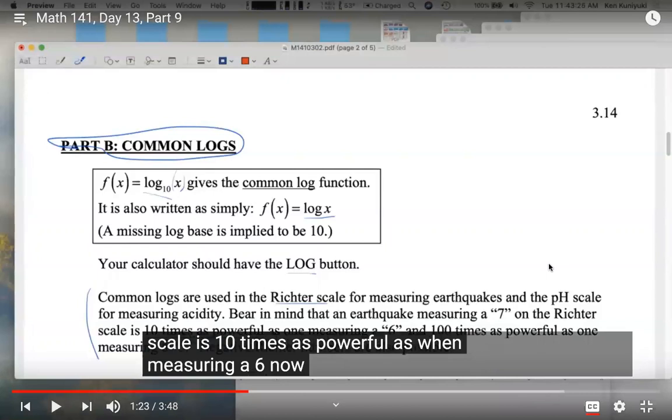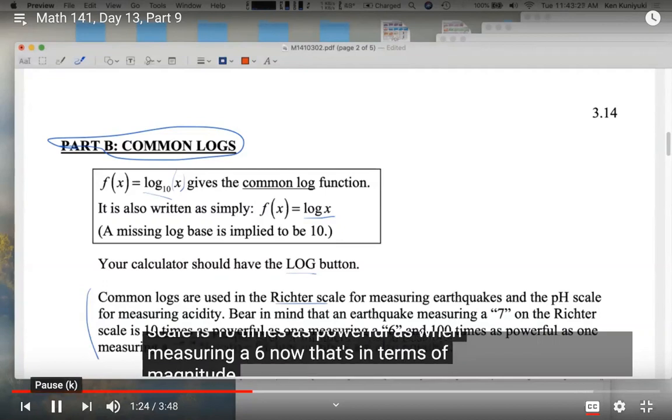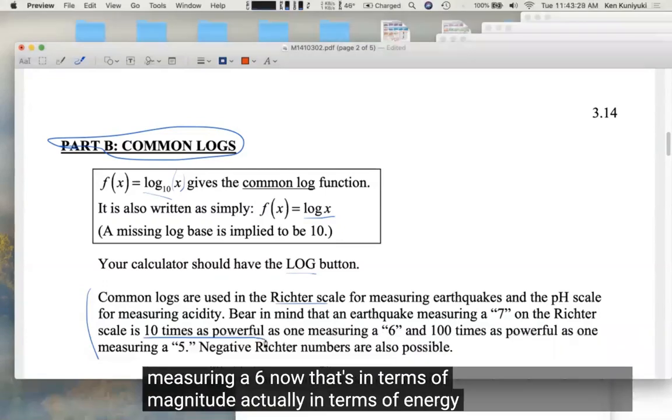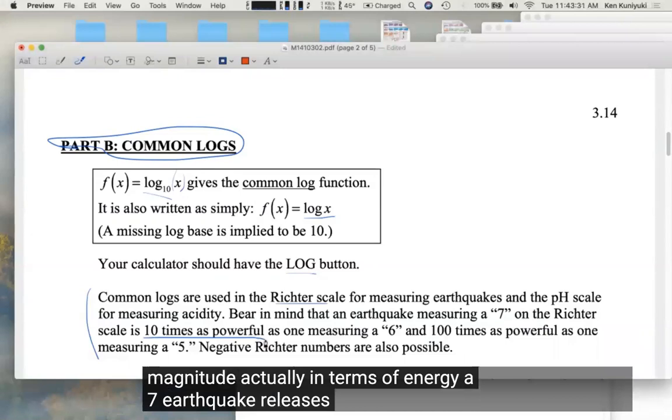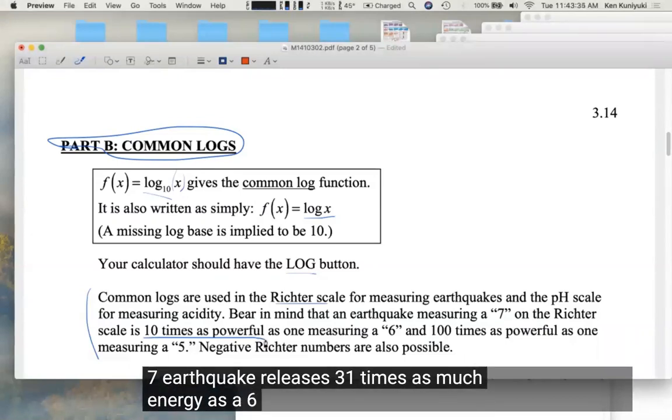The magnitude of a 7 earthquake is 10 times as powerful as a 6 in magnitude. But it releases 31 times as much energy. Keep that in mind. That's in terms of magnitude. In terms of energy, a 7 earthquake releases 31 times as much energy as a 6 earthquake.